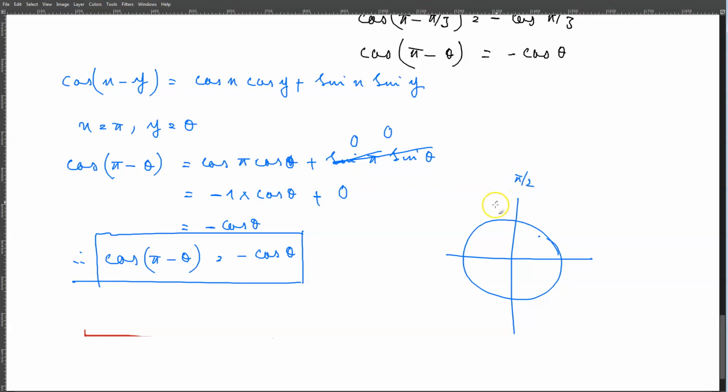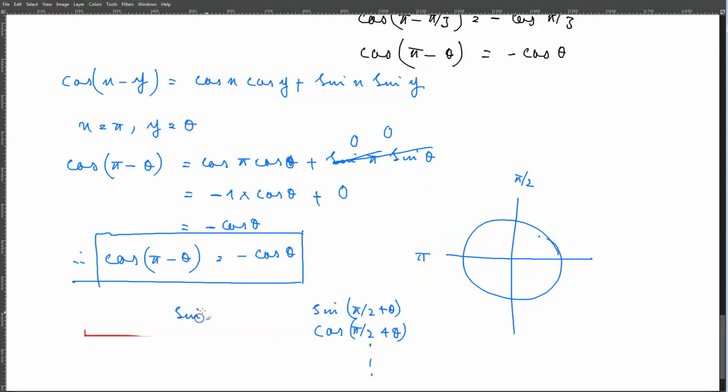Then you can create all of these formulas. For example, what is sine of pi by 2 plus theta? What is cos of pi by 2 plus theta, right? And so on and so forth. Then you can get to pi, and then you can do the same thing with pi.